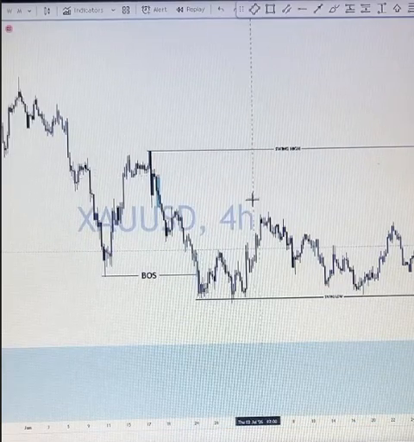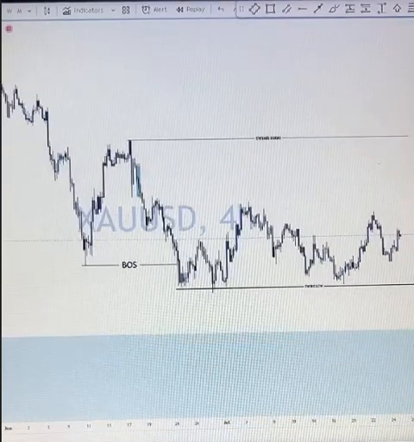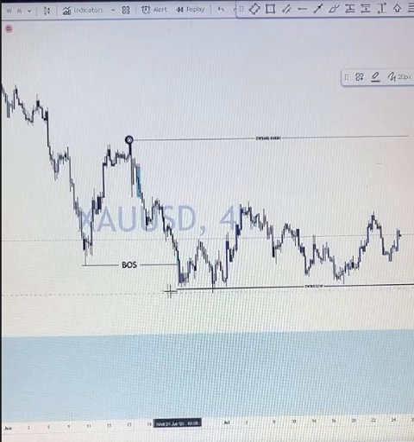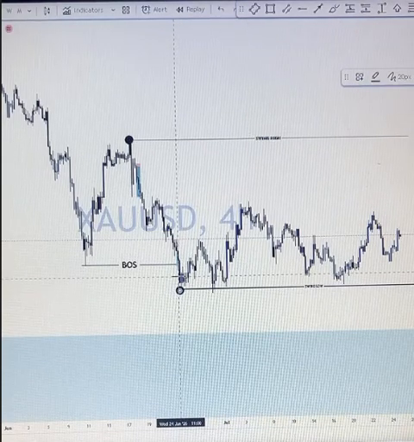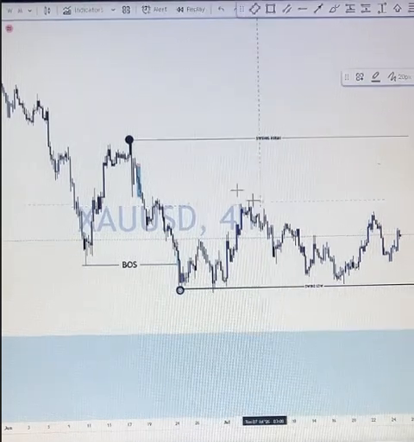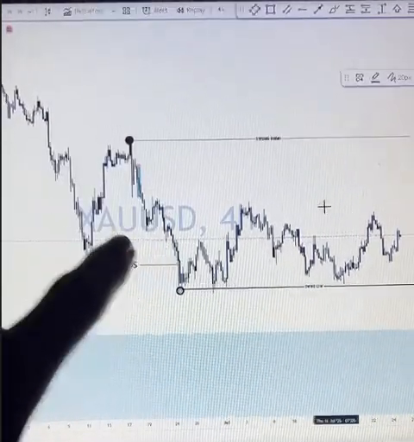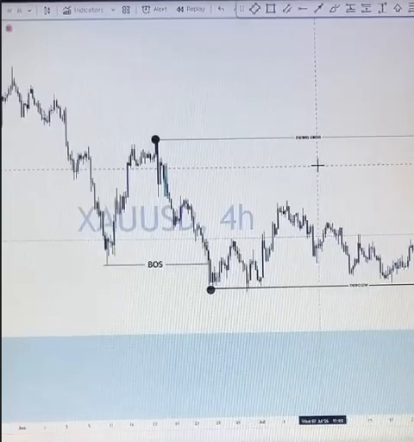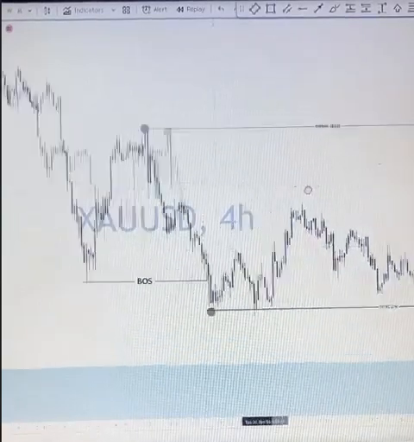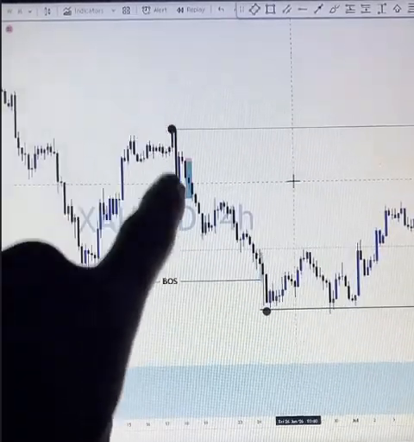We identify our key level because if we can see clearly, this is our high, this is our low, right? So every move inside here is an internal structure. So what do we do next? We identify our key levels from the whole of this move.